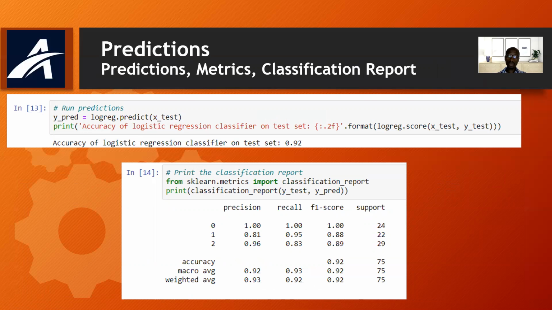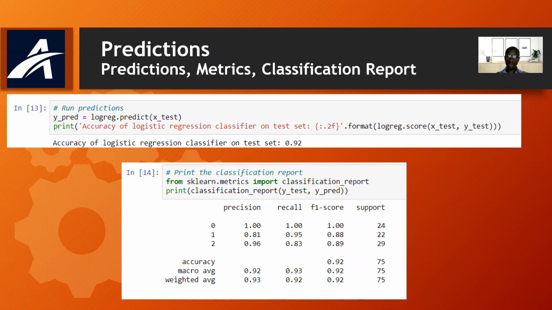This classification report has certain metrics that help you determine the performance of your algorithm. It also guides you to see what else you can do to improve the performance of your algorithm. Some of these metrics are precision, recall, F1 score, and support, which is basically, out of the data that was given to the algorithm, how many samples were picked. 0, 1, 2 are the various classes.